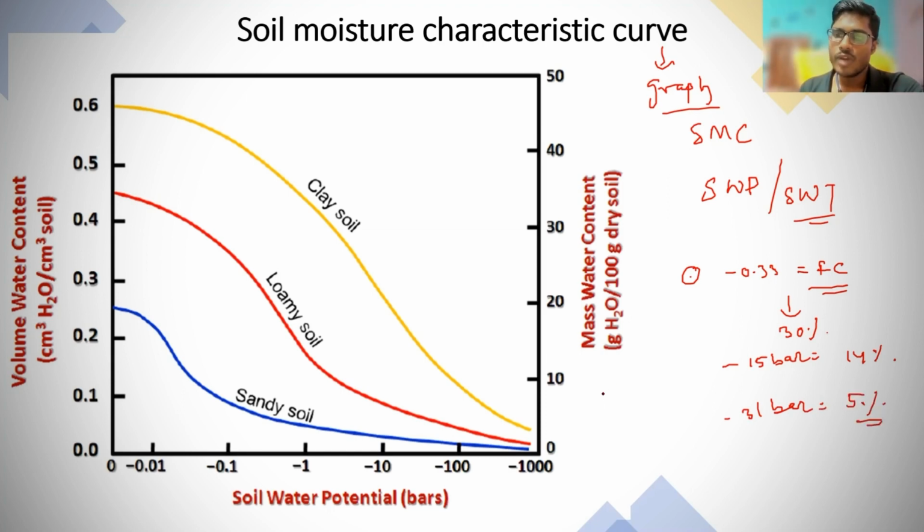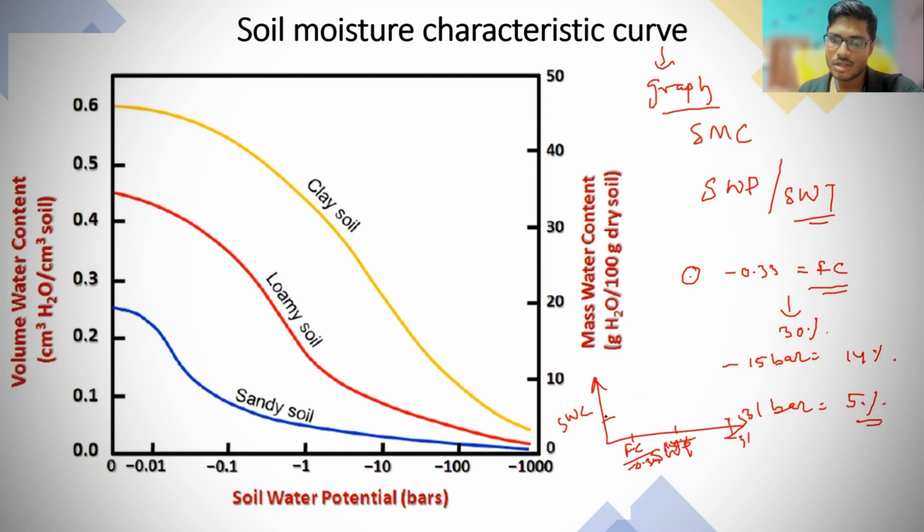So we'll draw a graph in which we take soil water content and soil water potential, like field capacity, that is -0.33 bar, then -15 bar, and -31 bar.